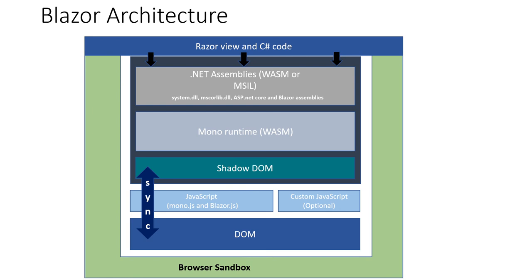It also loads the supported DLLs to the browser and runs them using WebAssembly. Mono creates the shadow DOM and it's synced with the render DOM, meaning the browser DOM. We can also write our custom JavaScript within the architecture.